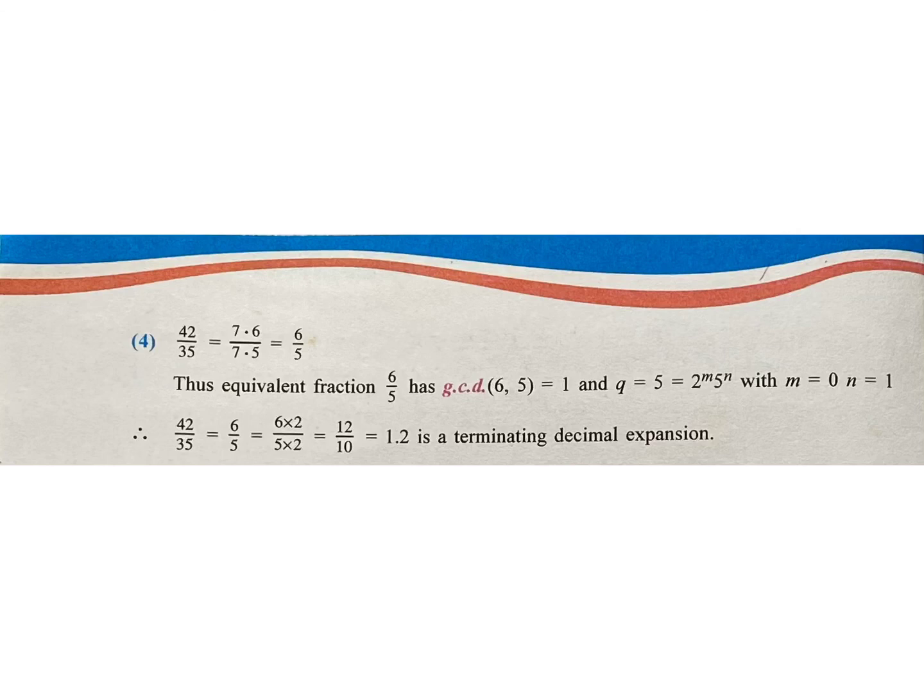So it has a terminating decimal expansion. Now how do we obtain it? Here we can see that the power of 5 is 1 and the power of 2 is 0. So to make the power of 2 equal to 1, multiply numerator and denominator by 2. So 6 into 2 upon 5 into 2, that is 12 by 10, that is equal to 1.2, which is its decimal form.